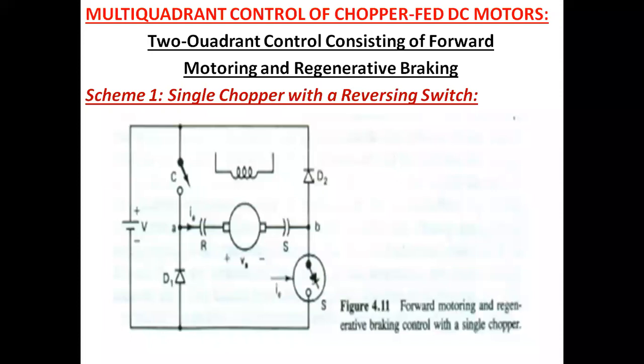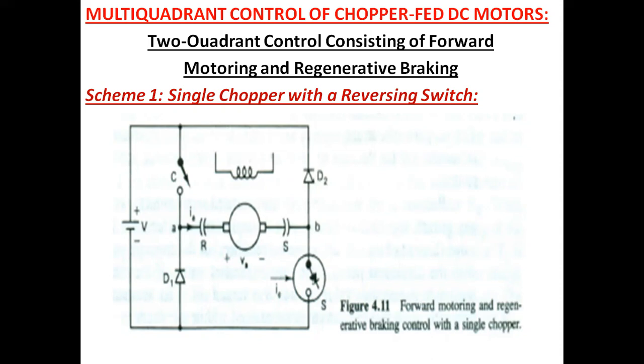First, in multi-quadrant control of chopper fed DC drives, we come to two-quadrant control, which consists of both forward motoring and regenerative braking. The chopper is capable of giving positive and negative values of both voltage and current, so it is a two-quadrant chopper.